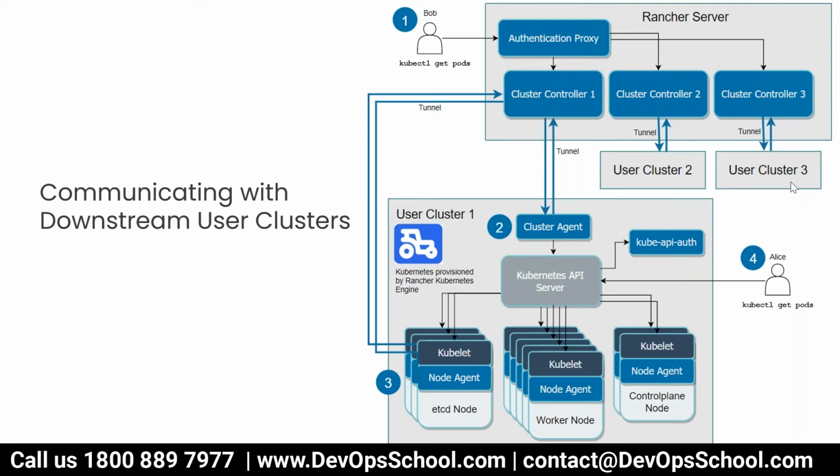Each controller talks to the downstream user cluster using the cluster agent. They also talk to the Kubernetes API server, because you create a cluster, so they talk to the API server for any instructions. And remember that each node in Kubernetes has a kubelet. Again, the kubelet communicates with the cluster controller, and that is how the whole communication happens with the downstream user clusters.